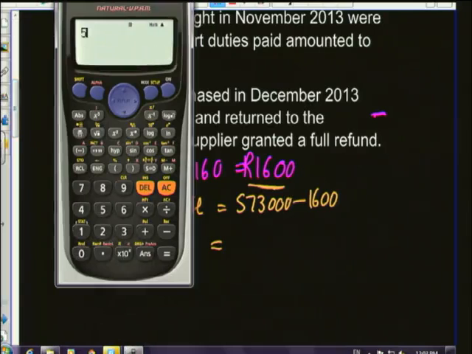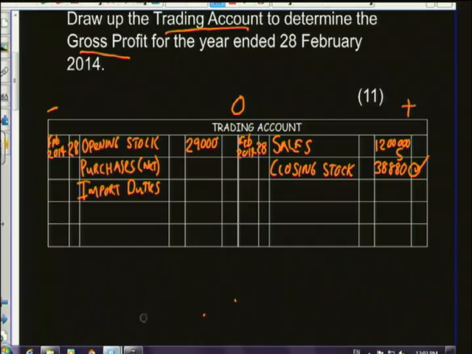Total purchases 573,000 minus your return value 1,600, and that gives us your net purchases 571,400. Okay, so let's take that through. Purchases, net purchases 571,400.